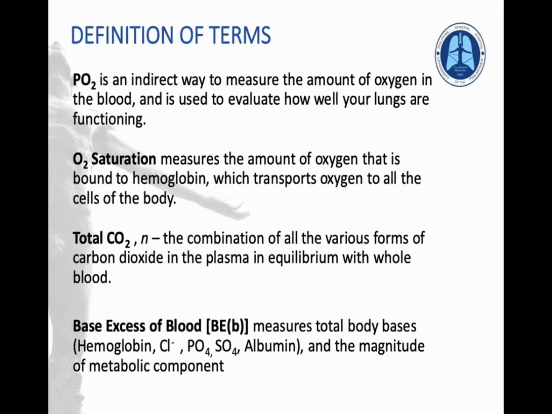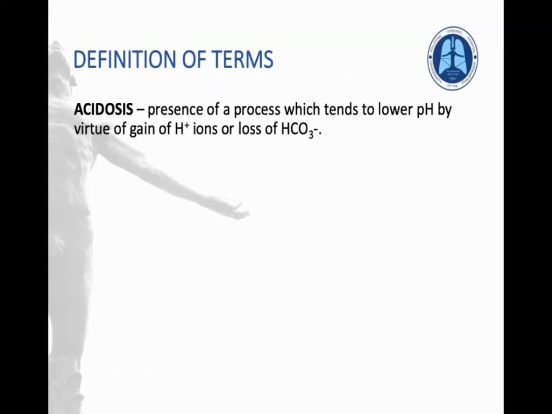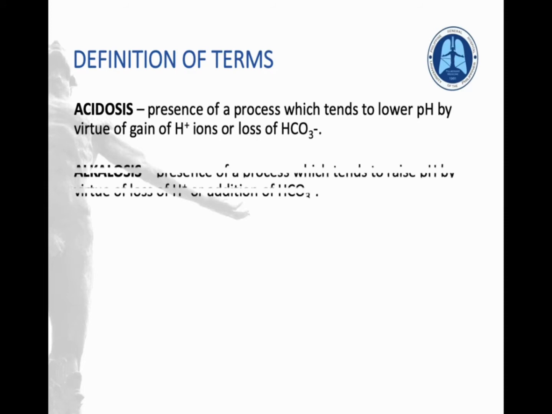Base excess of blood, or BEB, measures the total body bases in hemoglobin, chloride, phosphate, sulfate, albumin, and the magnitude of metabolic component. Acidosis, presence of a process which tends to lower pH by virtue of gain of hydrogen ions or loss of bicarbonate.